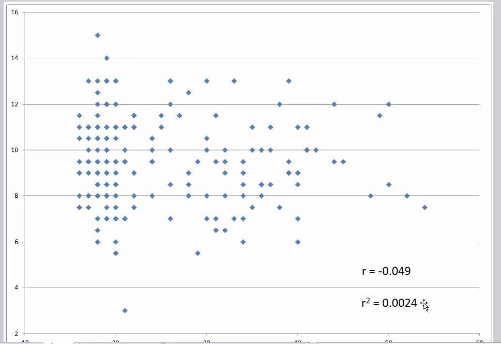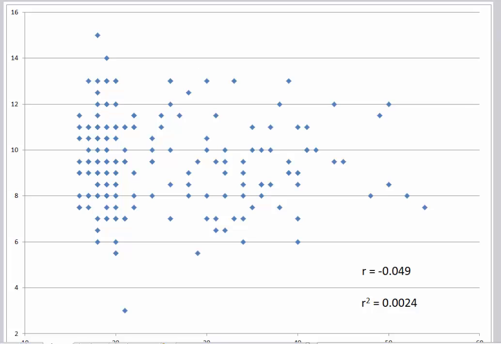The R squared is 0.0024, which means that less than 1% of the variation is explained by the relationship between the two variables. Again, the higher the R squared, the more the variation in y is based on the relationship between the two variables, which might suggest stronger linear correlation.